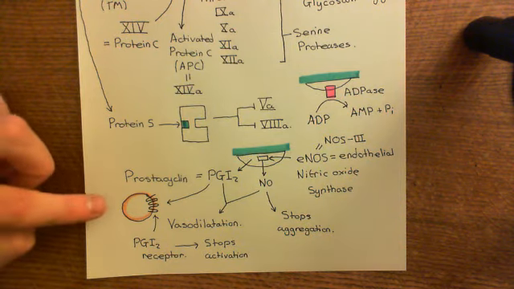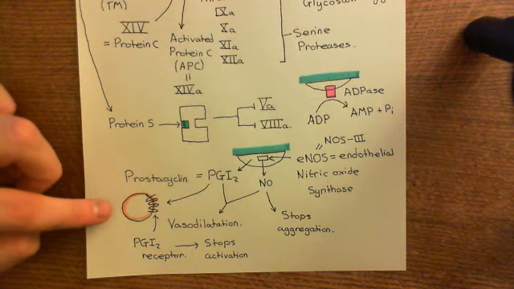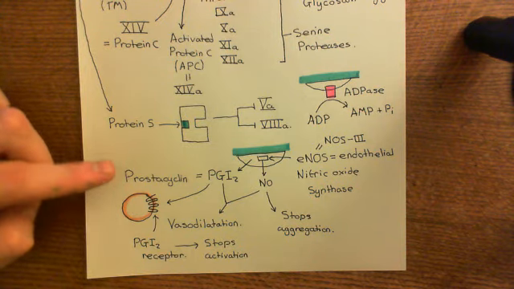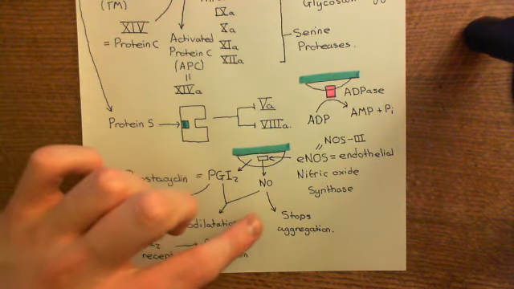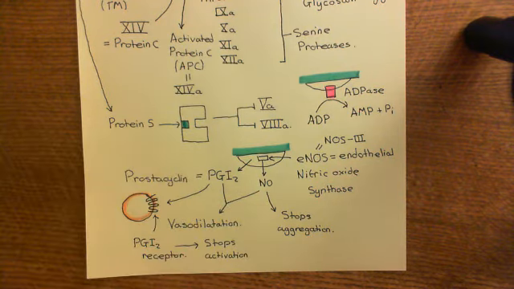So this will stop the production of thromboxane A2, and therefore will stop platelet aggregation. In addition, nitric oxide stops the effect of thromboxane A2 on actually activating the glycoprotein 2B/2A protein, and therefore again stops platelet aggregation.